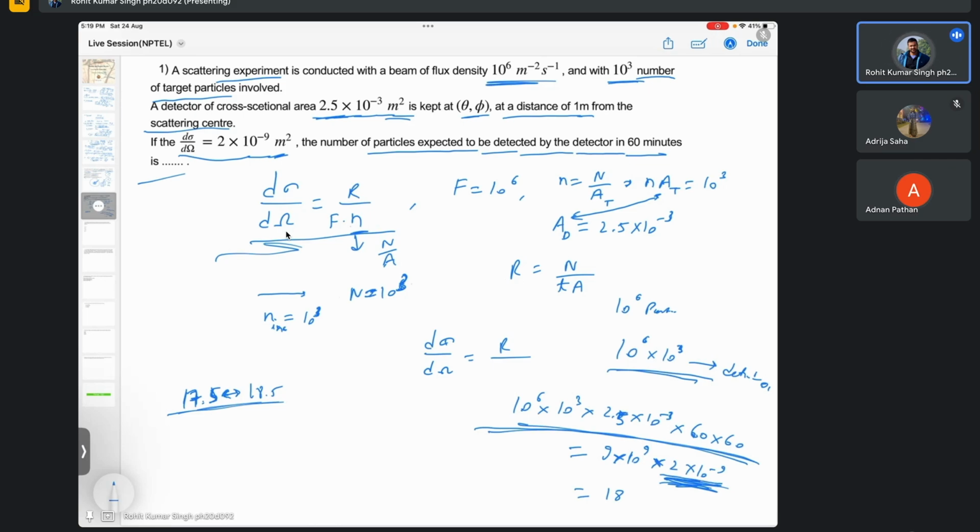Not all the particles that are hitting the target are interacting, right? These are the particles that are scattered into the detector, that have the probability of being detected. So there's a probability involved and it is very low. You see, it is of the order of 10 to the minus 9. That's why you will have only 18 particles in your detector.